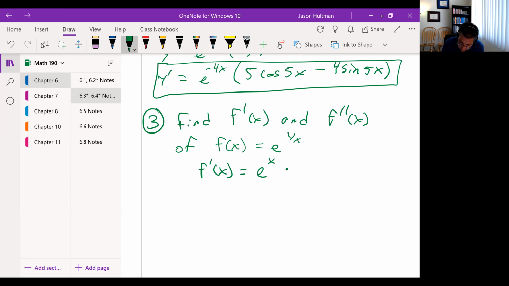Well, what's the derivative of 1 over x? 1 over x is the same as x to the negative first power, so that would be negative 1 over x squared, or negative x to the negative second power. You could think of this as negative 1 times x to the negative second power.